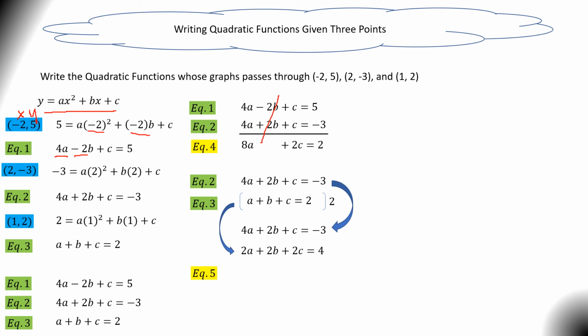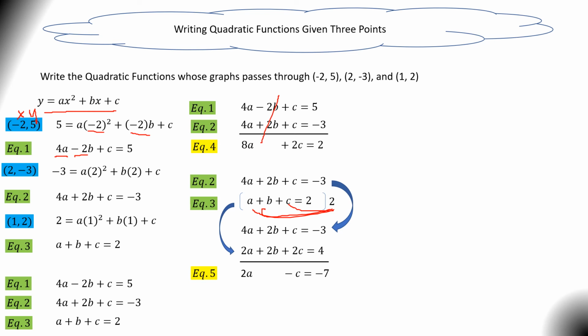Ayan po siya, 4a plus 2b plus c is equal to negative 3. Nakuha po. Then, 2a plus 2b plus 2c is equal to 4. Bakit po? Kasi po, 2 times a is 2a, 2 times b is 2b, and 2 times c, 2c. Ayan po. Yan po ang equation number 5 natin.